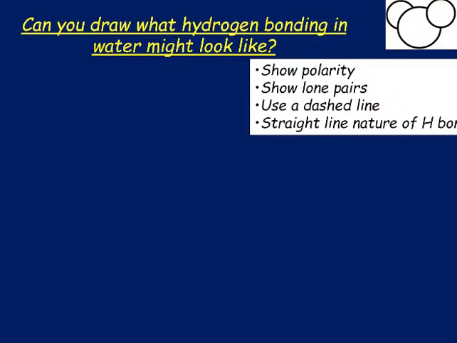Now you have to be able to draw hydrogen bonding in anything that's in group 4, group 5 and group 6. So if we start with water, you draw in your lone pairs of water like so.